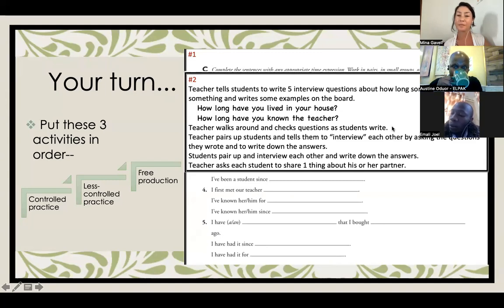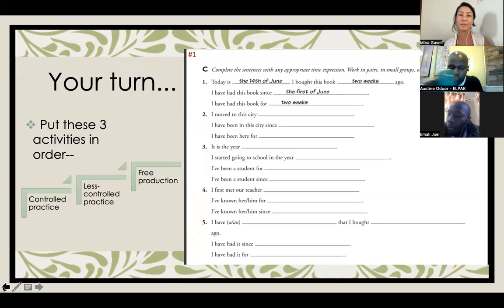So the learner is free to choose which words to use where. And the last one is, yes, C #1. It was less control. That is what we came up with.